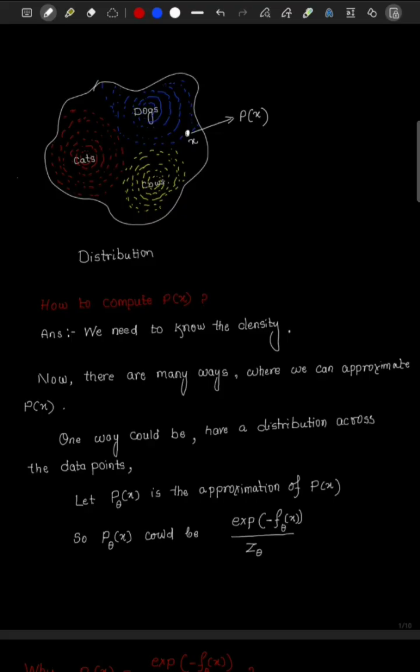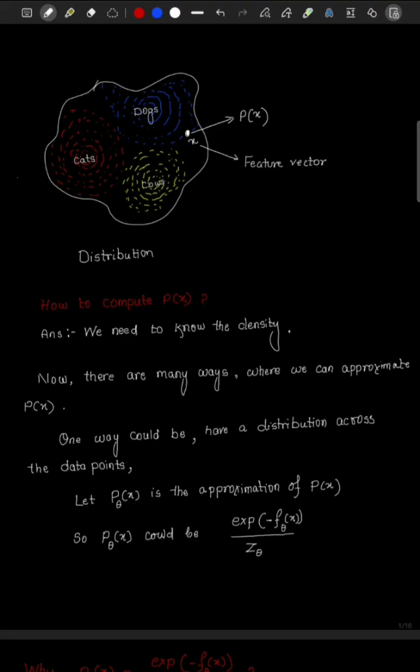Let us assume there is one instance x. An instance is basically a feature vector. And I want to find the probability of that particular instance. To know the probabilistic value of that particular instance, we have to dive into the entire data set and find some sort of mathematical formulation of its distribution.